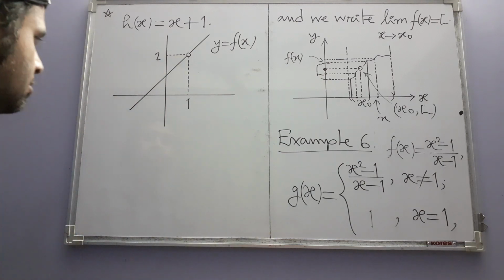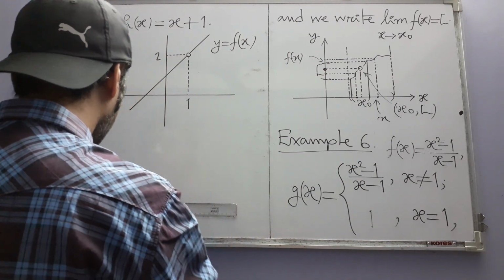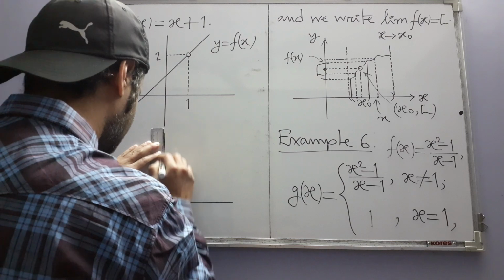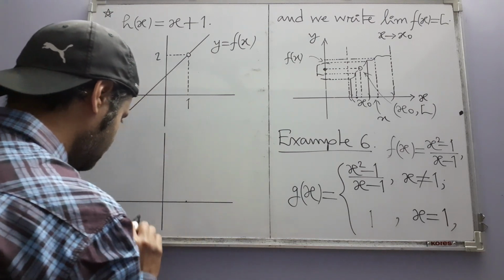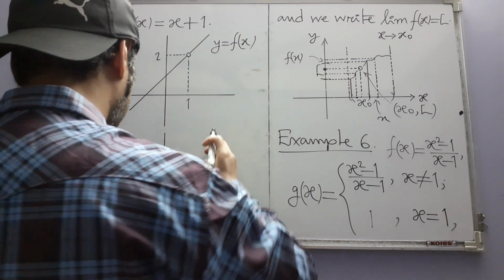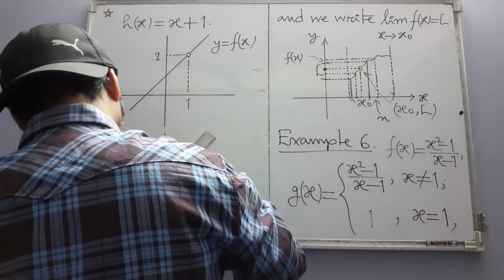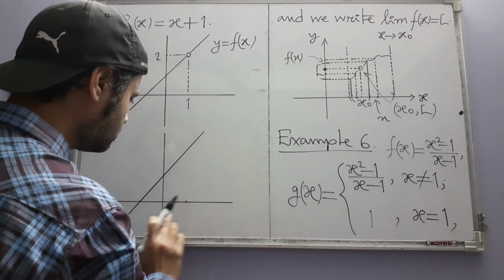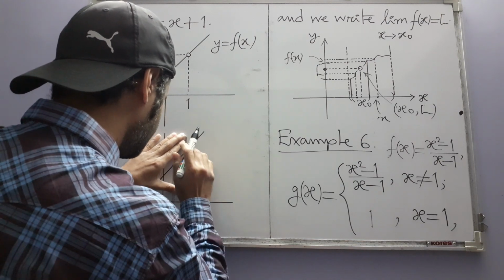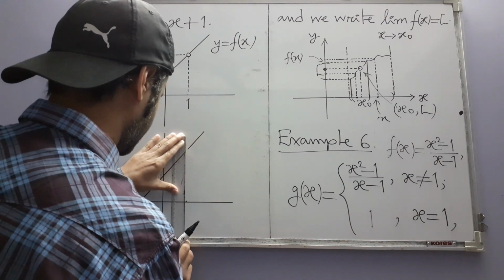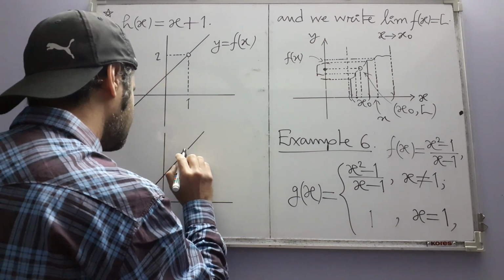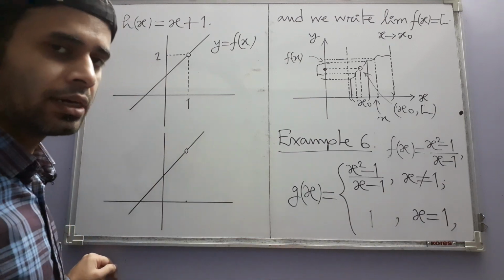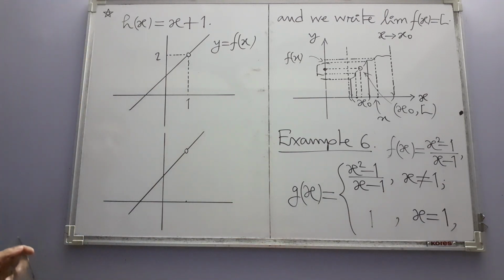What about g(x)? For g(x), the graph is somewhat similar with only one difference. Again 1, minus 1, 1. And this point is not there on the graph, but in its place something else is there. Note that unlike f(x), g(x) is defined at 1 and g(1) is defined to be equal to 1.